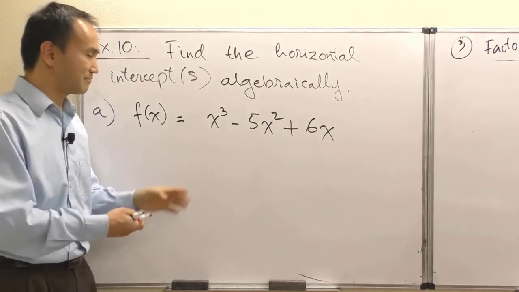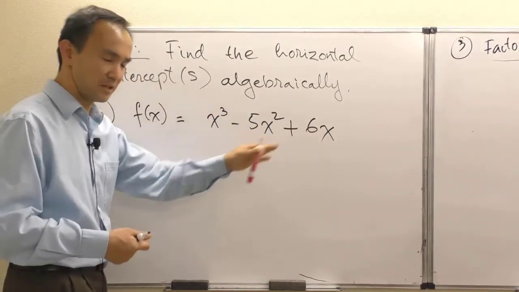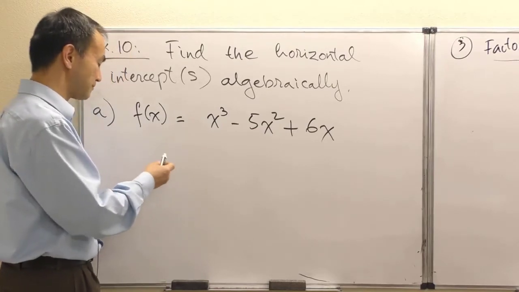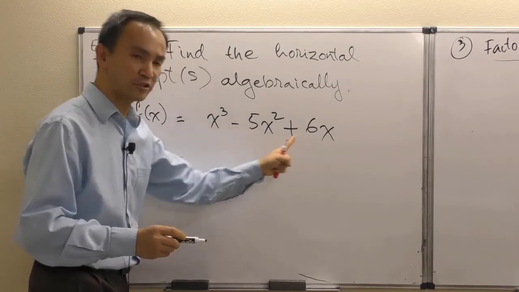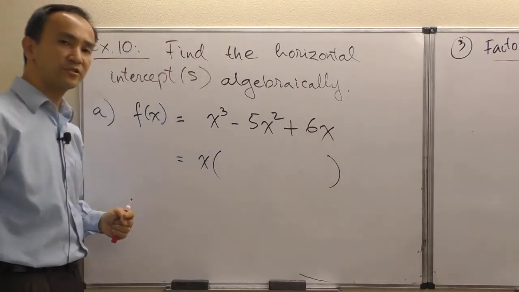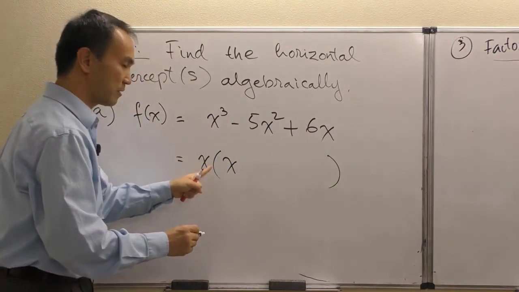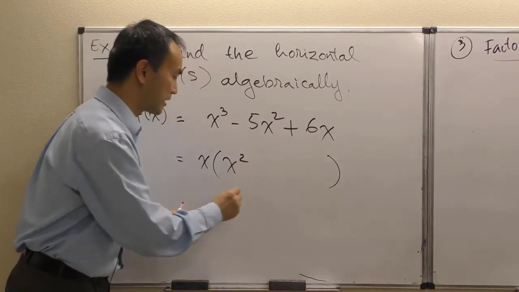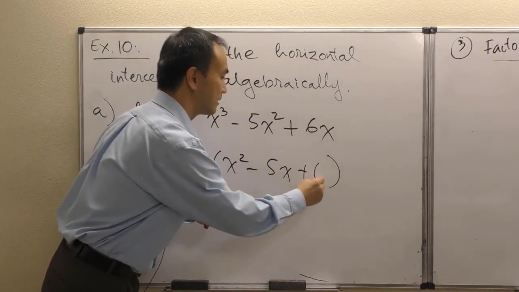Observing the three terms in front of us here, I can see that I can factor out the common factor x completely. So factoring out the common factor x, I'm going to have the x in front of parentheses, and inside the parentheses I'm going to end up with x squared minus 5x plus 6.